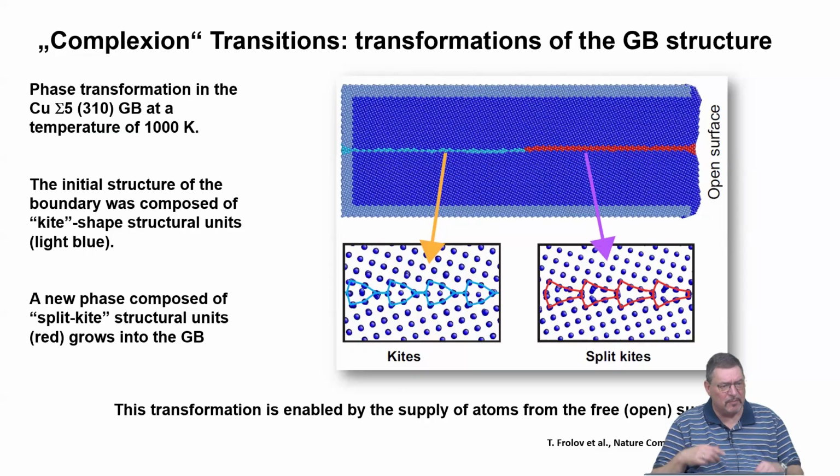So sigma 5 is the CSL description, meaning 1/5 of the atoms in the grain boundary plane belong to both lattices of the 2 grains that come together, and the 310 is the normal of the plane which has been inserted in this misorientation configuration. Computations were done at 1000 Kelvin, so jumps are sufficiently quick to be covered by MD, molecular dynamics simulations.